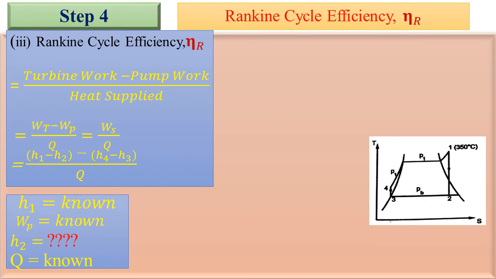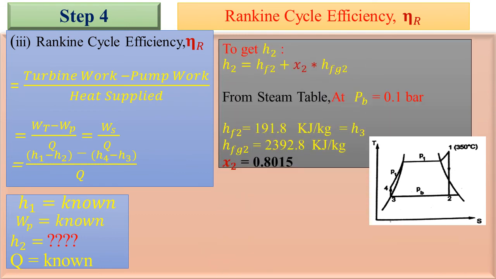Out of that, we have already calculated H1, we directly know pump work, we also know the values of H3 and H4, and heat supplied is also calculated. So the only unknown parameter is the enthalpy at point 2, that is H2, to find out efficiency. So we will see how to get enthalpy at point 2.